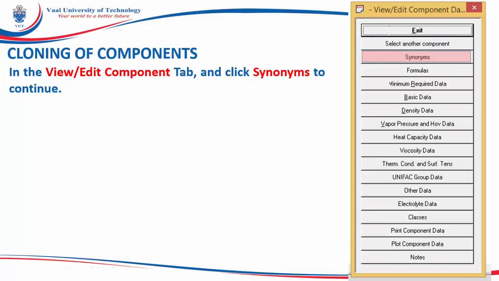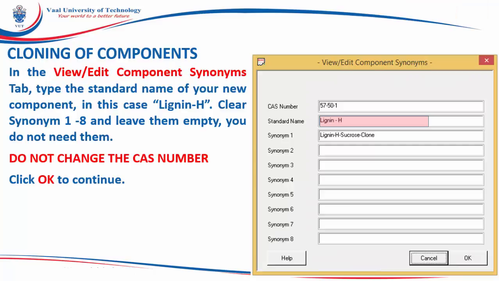In the view or edit component tab, click on the synonyms tab to continue and edit the synonyms or the names of the component that you are cloning from sucrose. In the view or edit component synonyms, type the standard name of your new component, in this case lignin H. Clear all the other synonyms 1 to 8 and leave them empty.